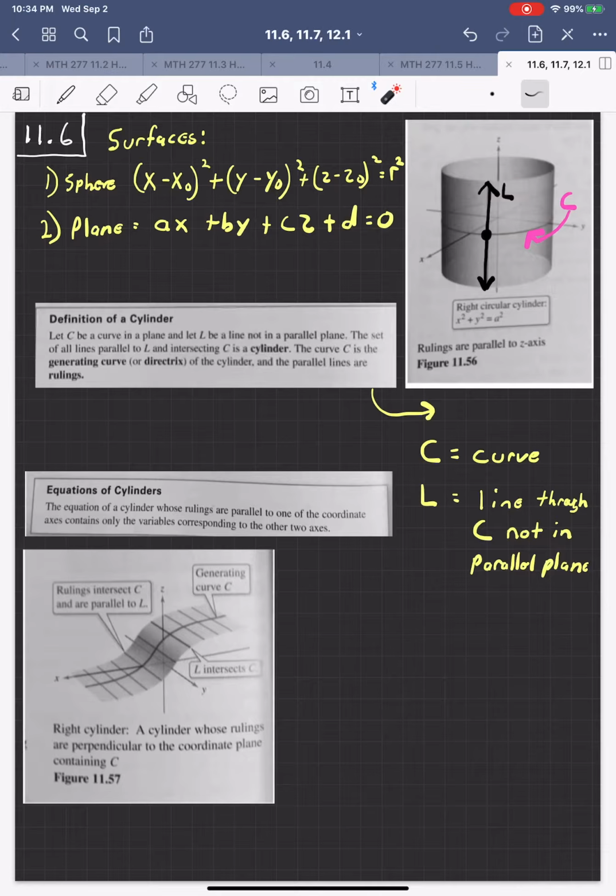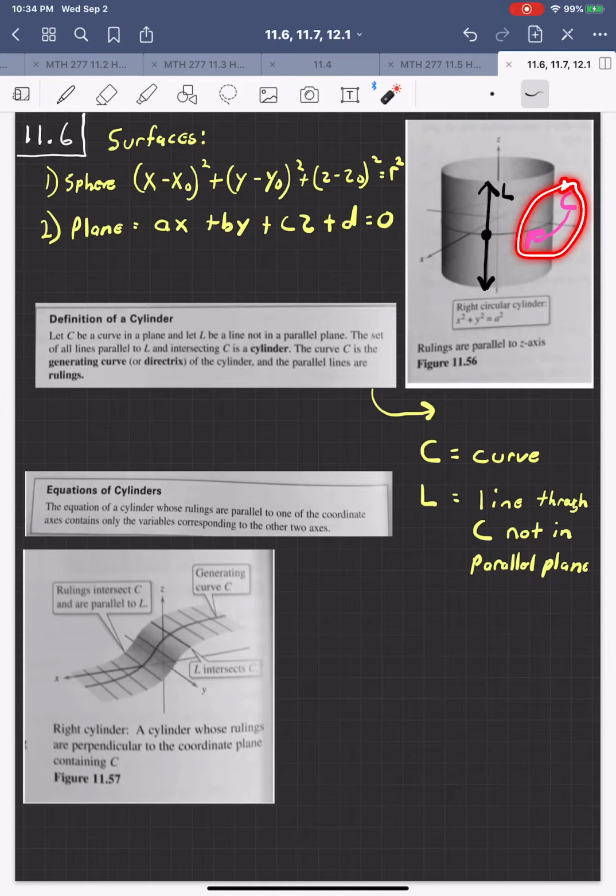This looks like a Coke can, in other words, because C is a circle. If C was more elliptical, then the cylinder would not look like a Coke can, right? So C is the generating curve for the cylinder.